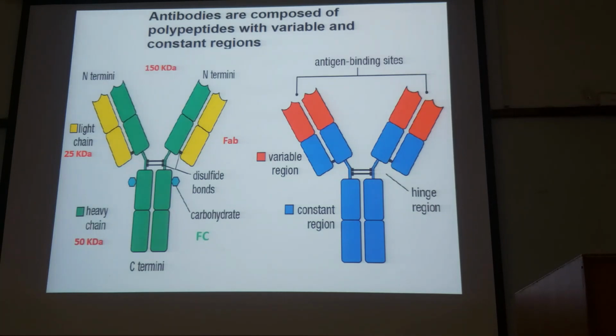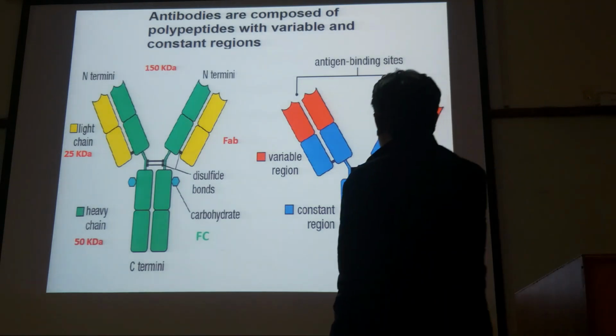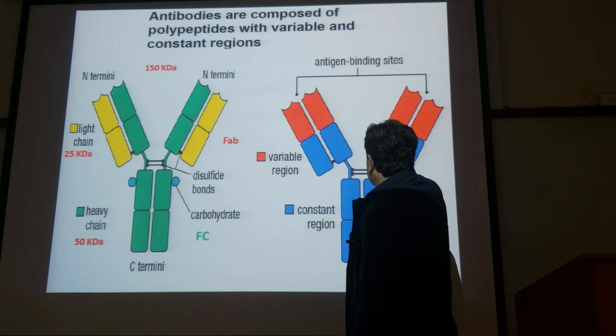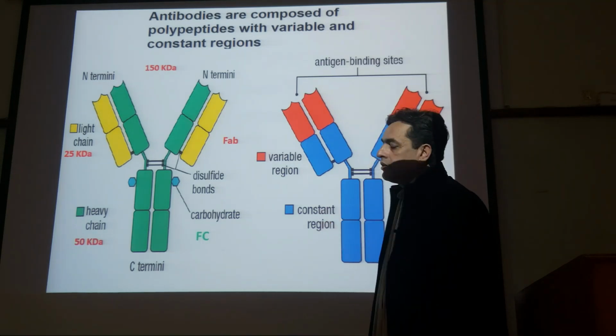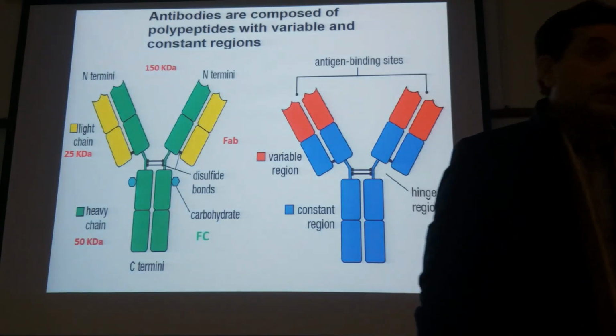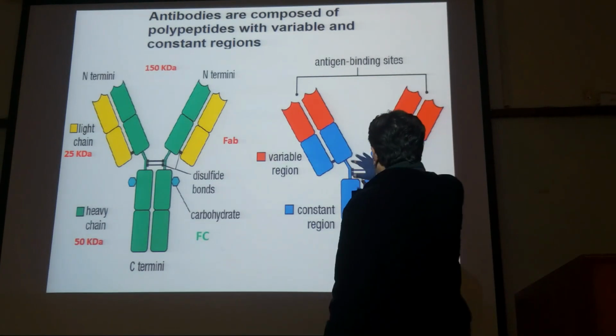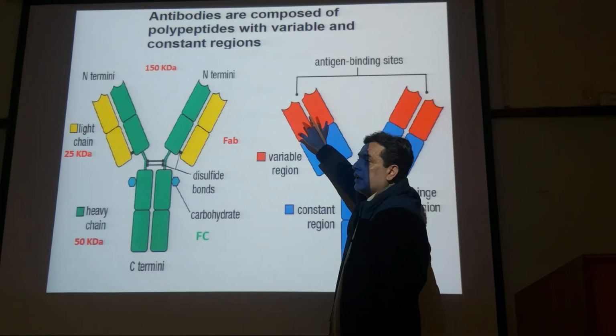There is variation of sequences in this region, which is why we call it the variable region. The variable region in the red is the antigen binding site, and the blue one is called the constant region. Variations in the constant region are less frequent, while variations in the antigen binding sites are more frequent, and that variation is needed.